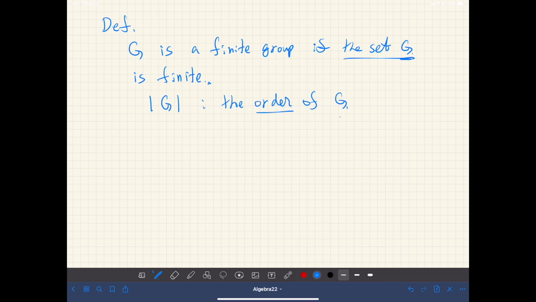And if G is not a finite group, then we say it is an infinite group. Let's see a few examples. The set of integers with addition has an infinite order.